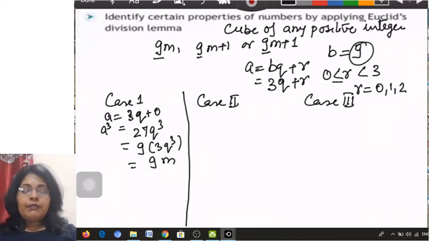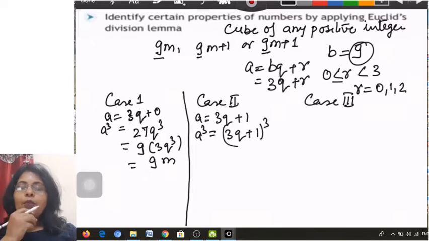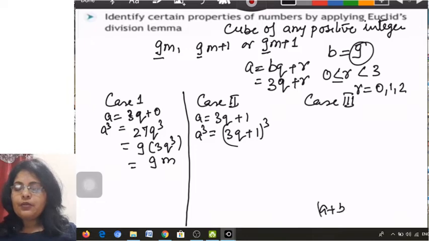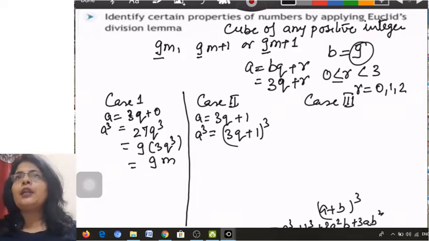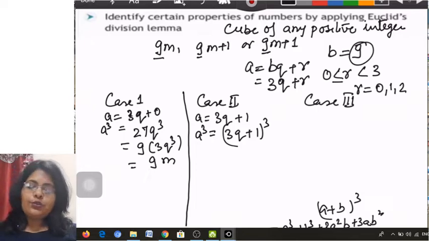Suppose we take a equal to 3q plus 1, then a cube equals 3q plus 1 whole cube. I hope everyone knows the identity for a plus b whole cube. What is a plus b whole cube? It is a cube plus b cube plus 3a square b plus 3ab square, and we will apply the same identity here and get the solution.